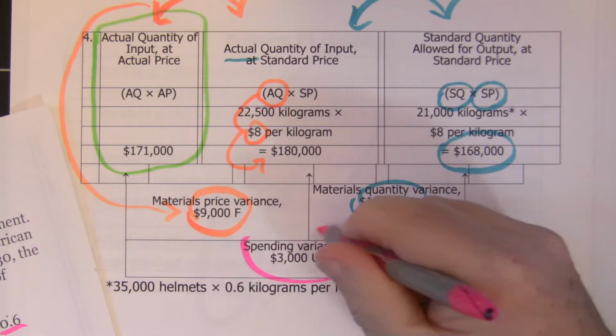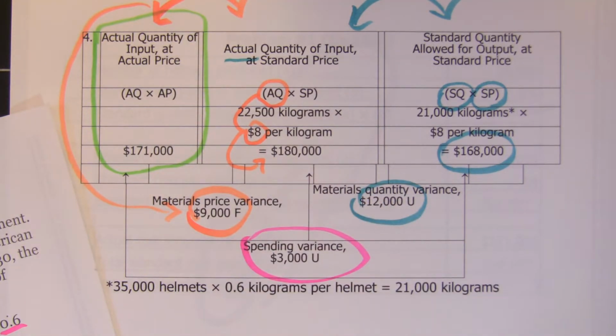This often happens where you'll have a highly favorable price variance and a highly unfavorable quantity variance, or vice versa. It's not at all unusual, which is why you have to do them to come up with the answer.